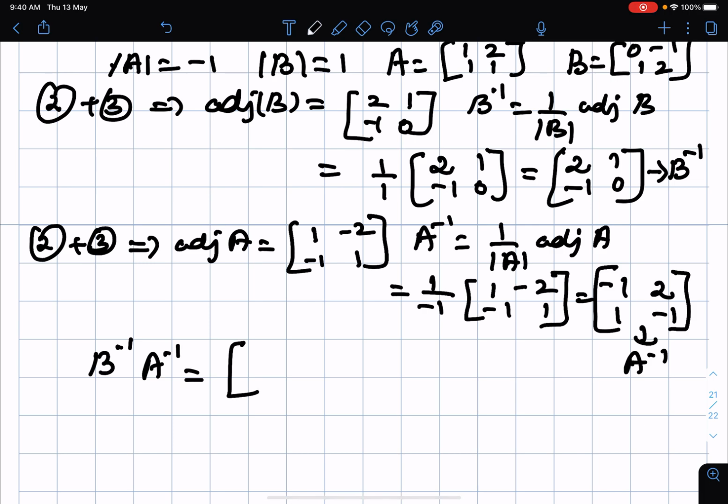So B inverse into A inverse. What is B inverse? 2 1 minus 1 0. And what is A inverse? Minus 1 2 1 minus 1.